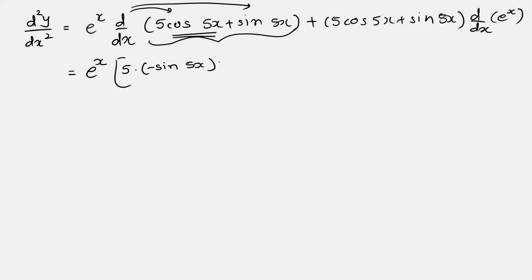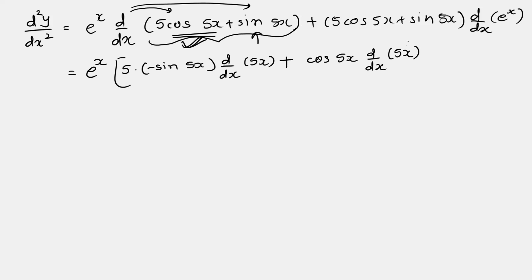But again chain rule must be applied. We have to do the differentiation of angle again. This cos 5x got over. The second part of this bracket, that means it is plus sin 5x cos 5x. But again the angle is not only x, it is 5x.